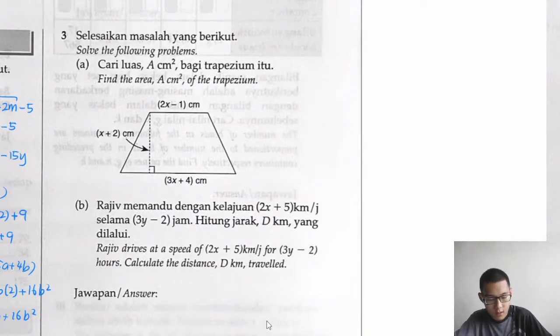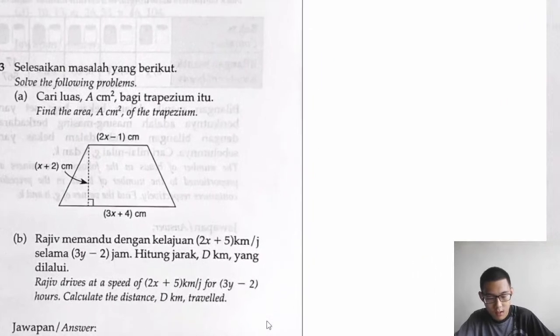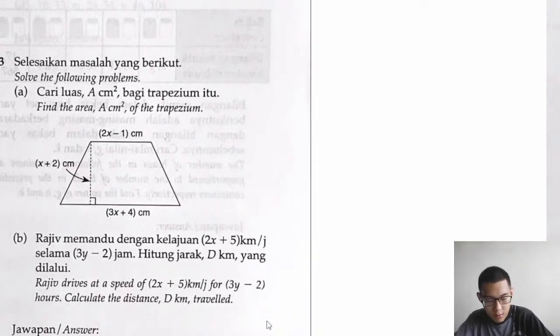First thing we need to understand is the area of a trapezium. We revise that the area of a trapezium is the sum of the two parallel sides, a plus b, times the height, and then take a half. So this formula, and then we substitute.